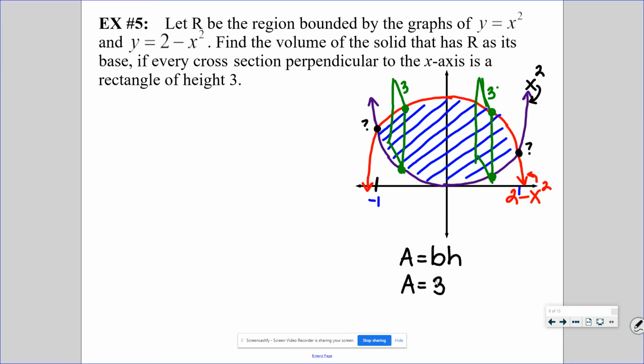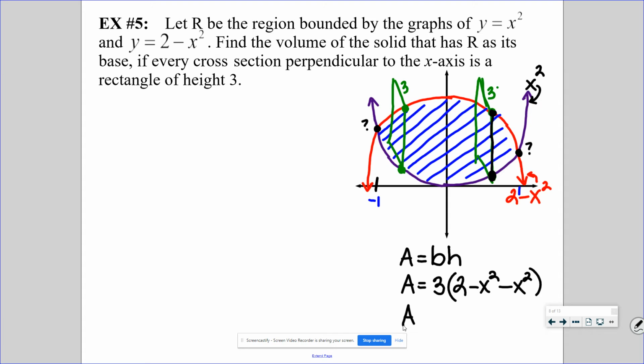Well, we know the height is 3. The base of the rectangle is the distance from the top curve to the bottom curve. So it's kind of like you're doing the area between curves situation. So what we would want to do is the distance from the red curve down to the purple, which would be just subtracting the red function minus the purple function.